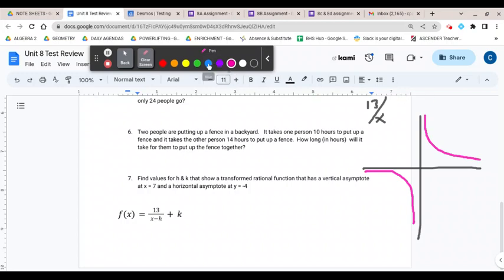We have a vertical asymptote here at x equals 0, and a horizontal asymptote at the x-axis right there. Okay, so vertical asymptote at x equals 7. We're moving this asymptote to the right by 7, which means we need a minus 7 on the bottom. So if we have x minus h there, h is going to be 7.